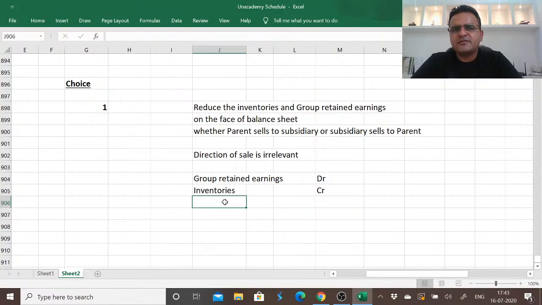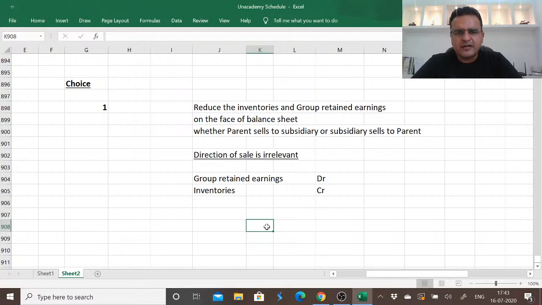Now this adjustment is for someone who is not very emotional, because they can ignore that inventories are not assigned any deduction of unrealized profit. Now when we do this according to this method, the direction of sale is irrelevant, whether parent selling to subsidiary or subsidiary selling to parent.